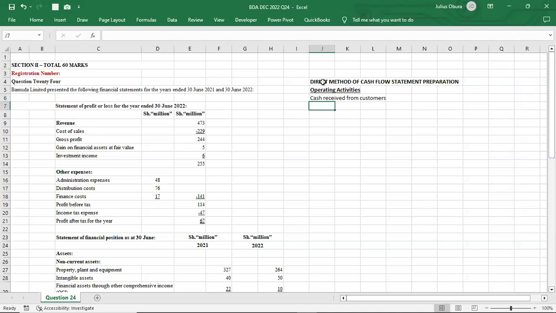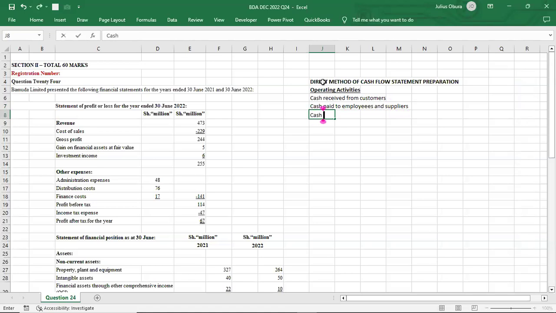We'll have our cash paid to employees and suppliers. And then again, we'll have our cash generated from operations.